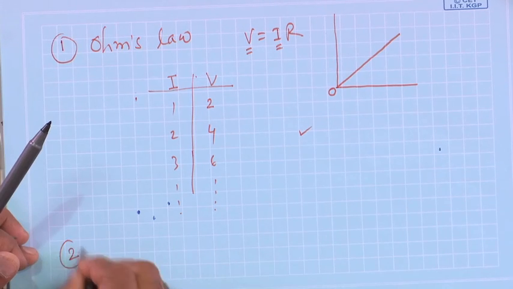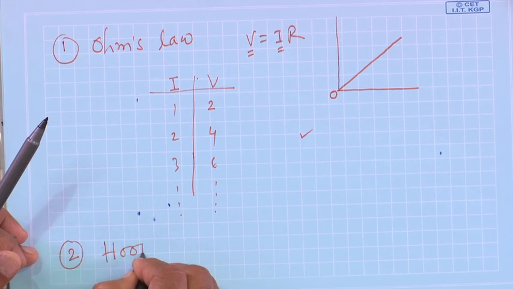If so, then I will say my experiment is correct. This is another way to check your result using a graph. Similarly, besides Ohm's law, another is Hooke's law.